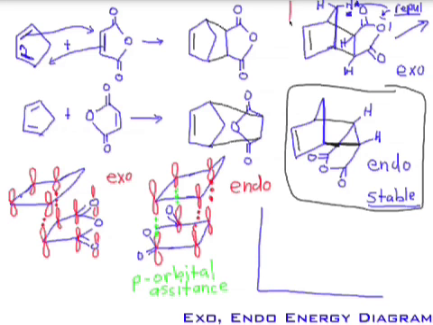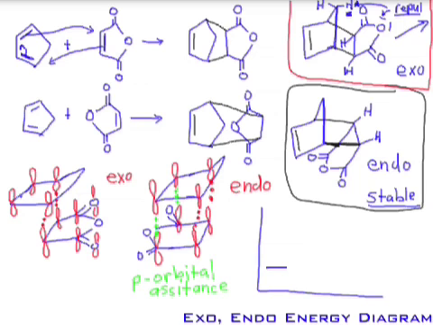Do we have to worry about what we learned a little while ago, that kinetic and thermodynamic control? Well, the answer to that, let's say these are my dienes here. Who has the lowest energy? The endo, I'm going to use black.